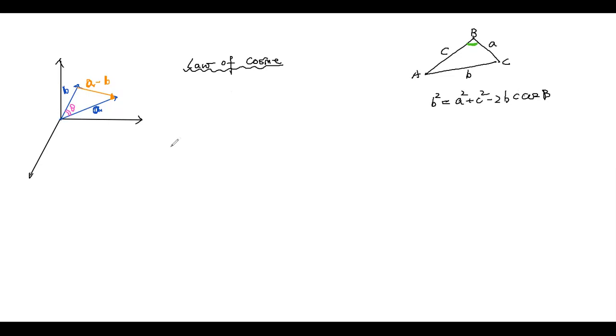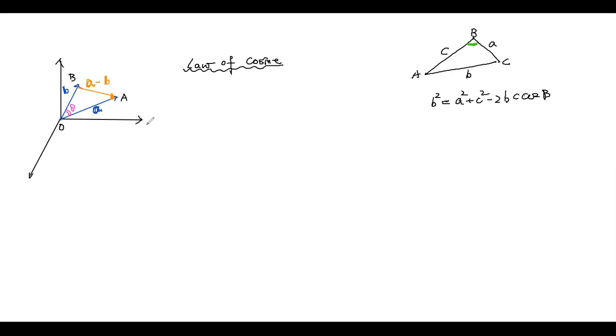So this one I call O, this end is A, and this end is B, so we match the triangles.